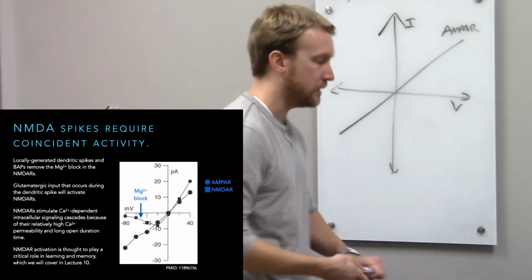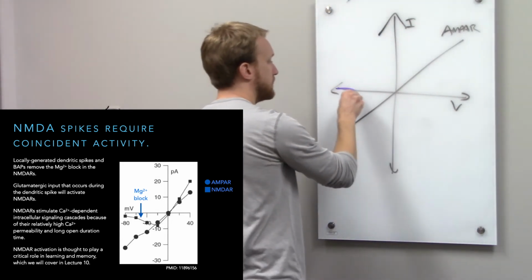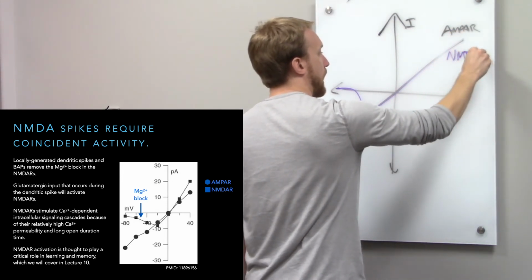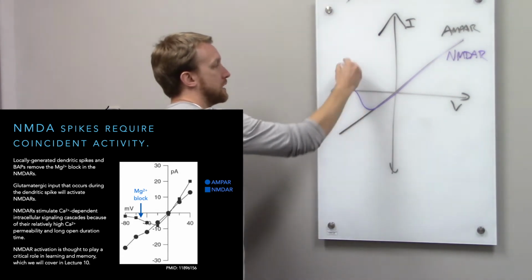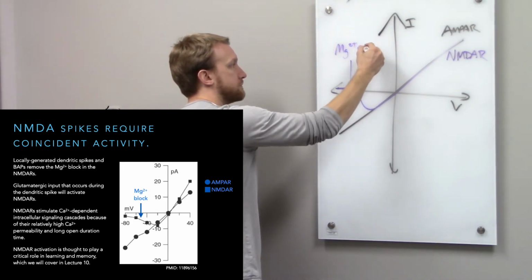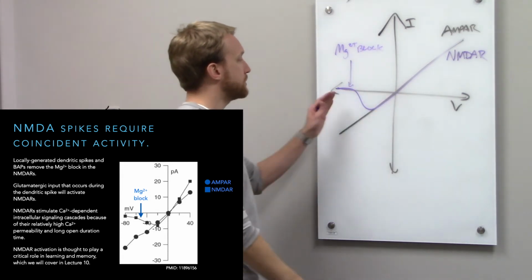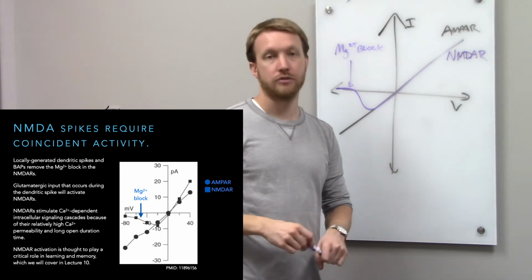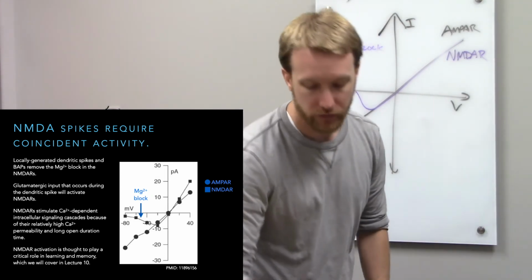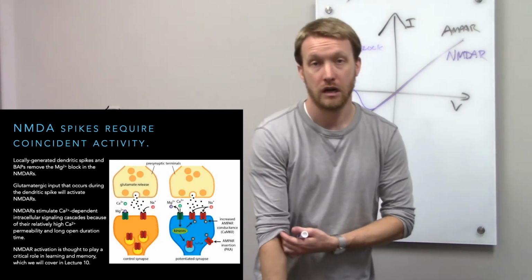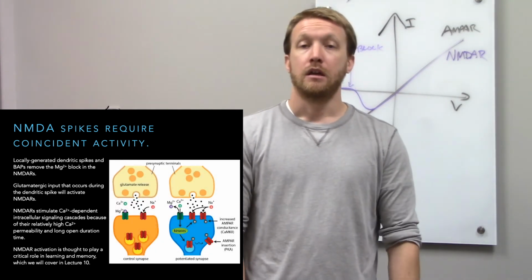Not the same with NMDA receptors. There we typically see a J-shaped curve. And that's because at negative potentials, we have the magnesium block. So only when we're depolarized a bit and we have neurotransmitter bound do NMDA receptors move ions. And when they move ions, they move a whole hell of a lot more ions than AMPA receptors.